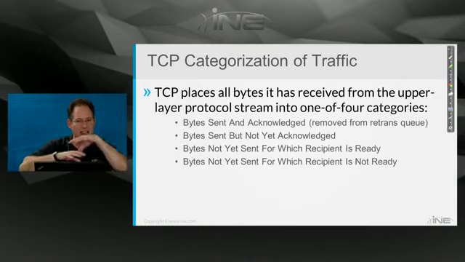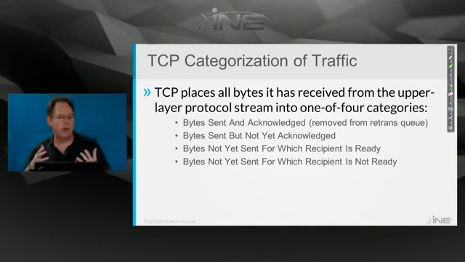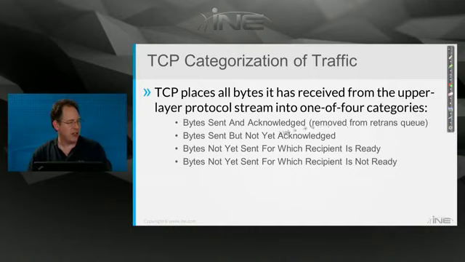So in order to conceptualize this window concept, we have to remember that as bytes come into TCP, TCP classifies all the bytes it knows about as one of 4 things. Bytes sent and acknowledged. These bytes TCP only knows about for a split second.